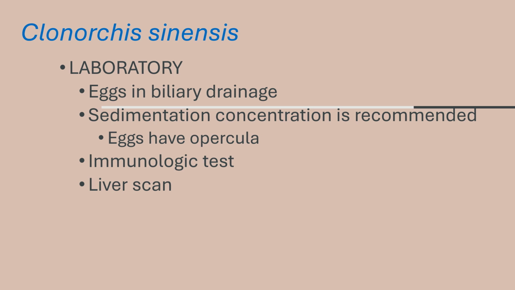For eggs in the biliary drainage, you can make use of the Entero test. And please note that the eggs of your Clonorchis are practically indistinguishable from those of Opisthorchis. Aside from your eggs, there are elevated IgE levels in the serum of infected individuals.